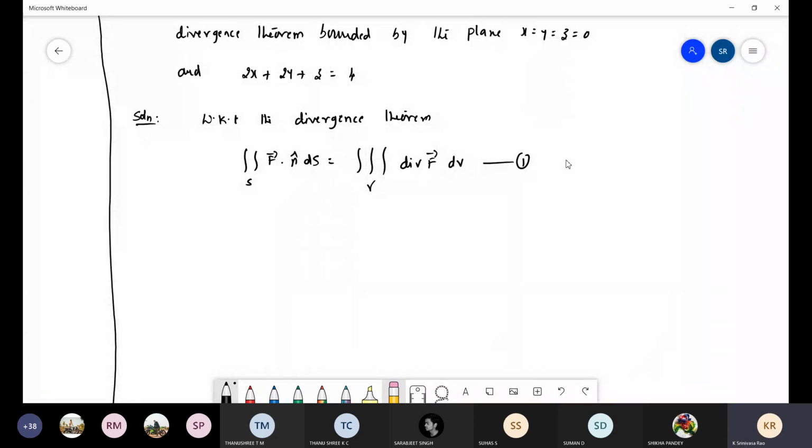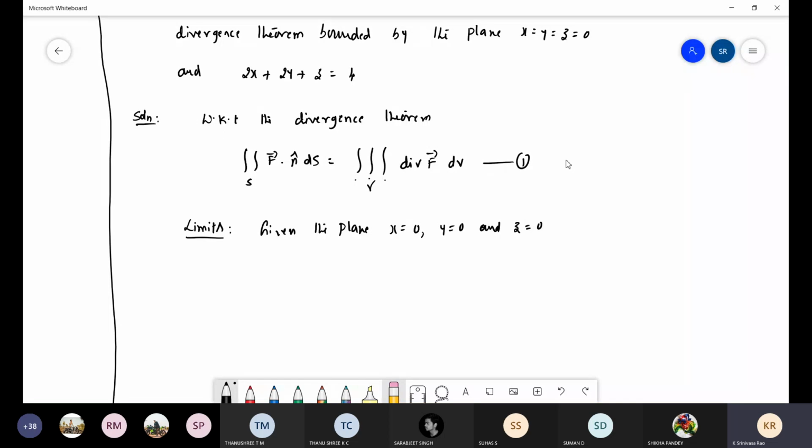Here I will write just the limits. Given the planes x equals 0, y equals 0 and z equals 0. This is the lower limit, okay? In the triple integral, what I have to substitute in the lower is 0, 0, 0.